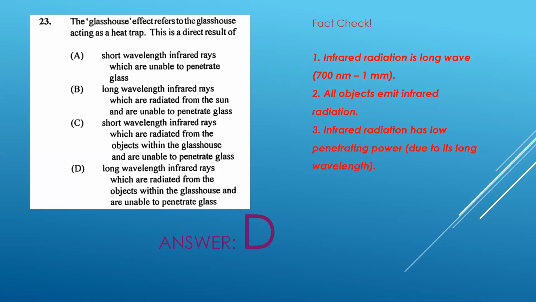And the infrared radiation has low penetrating power due to its long wavelength. So the long wavelength infrared will not be able to penetrate the glass, and therefore it stays inside the greenhouse and increases the temperature. So we have D matching that.